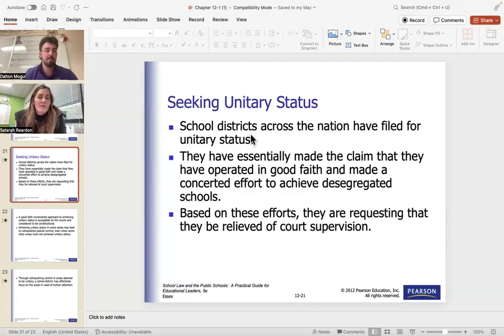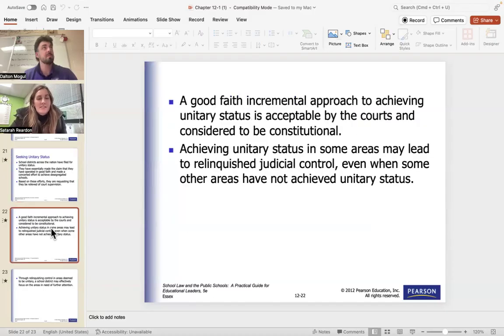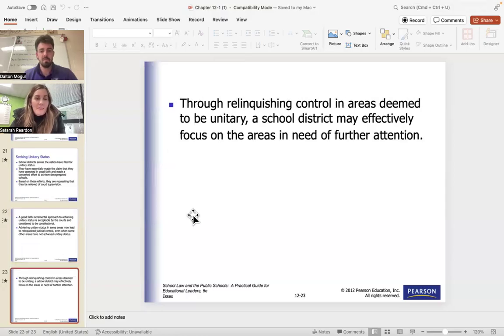They have essentially made the claim that they have operated in good faith, and based on these efforts, they are requesting that they be relieved of court supervision. Achieving unitary status in some areas may lead to relinquished judicial control, even when some other areas have not achieved unitary status.